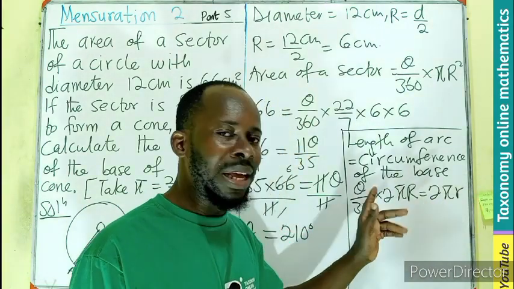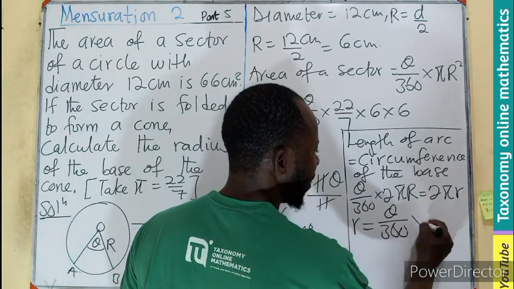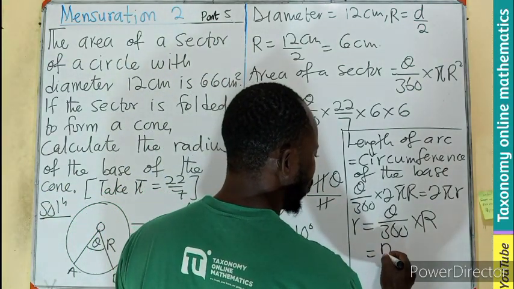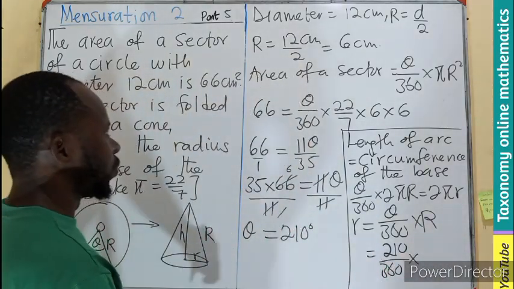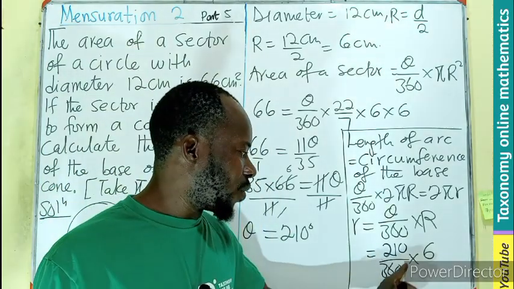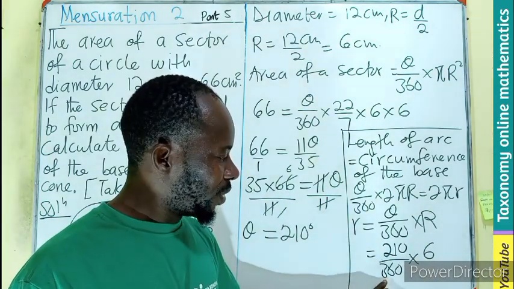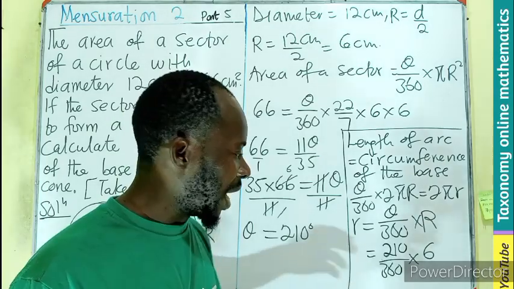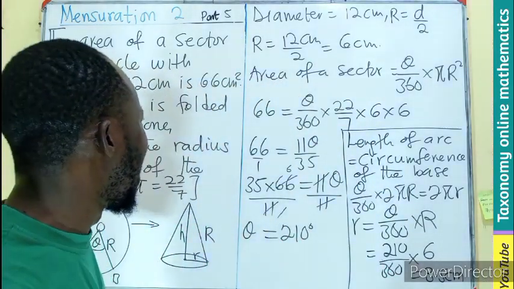We can see 2 pi are common, so we can cancel to have our r equals theta out of 360 times capital R. We can do our substitution: 210 divided by 360 times the radius, which we know as 6. In our cancellation, this 0 will cancel this, then we are left with 21 over 36. 6 will also go here 6 times, so 21 over 6 will become 7 over 2, and that will be 3.5. So our radius will be 3.5 centimeters.